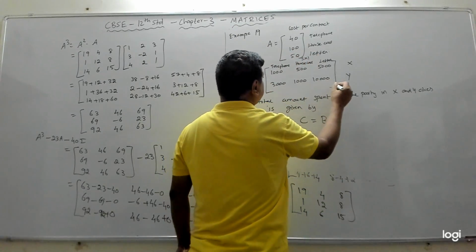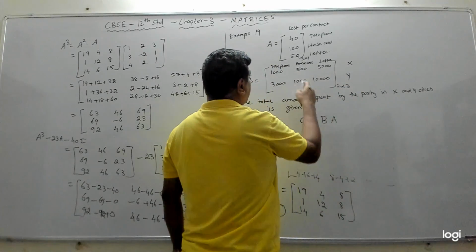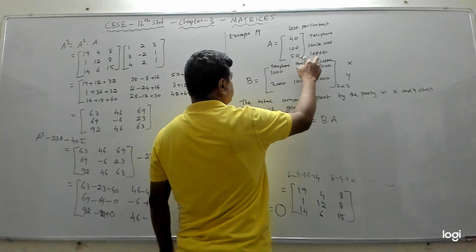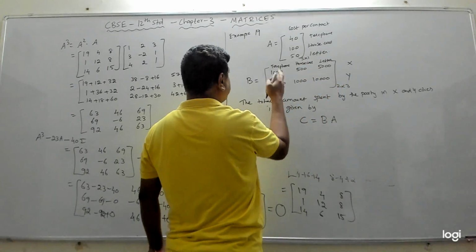The order of B is 2 cross 3. You can't do A into B, obviously, because the number of columns doesn't match with the number of rows. We have to do B into A.